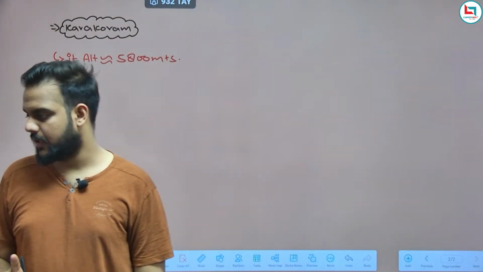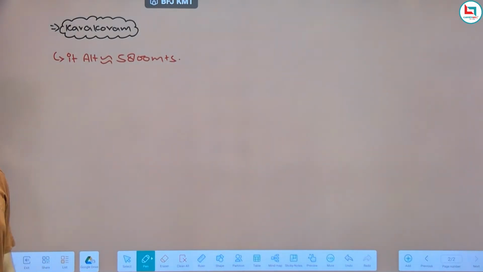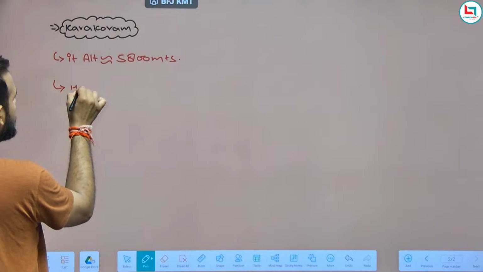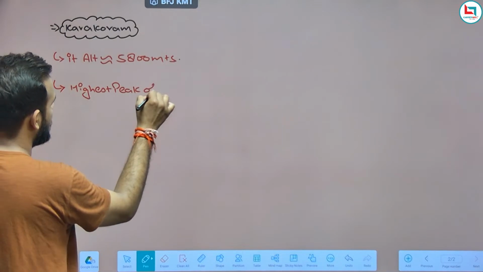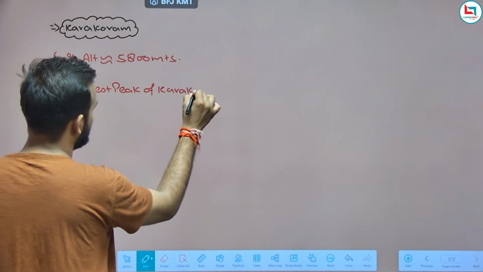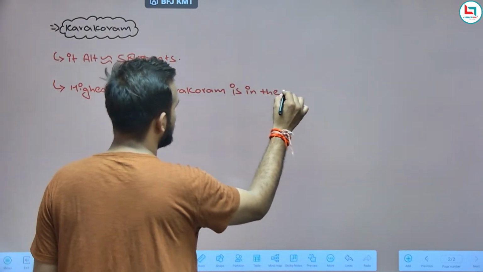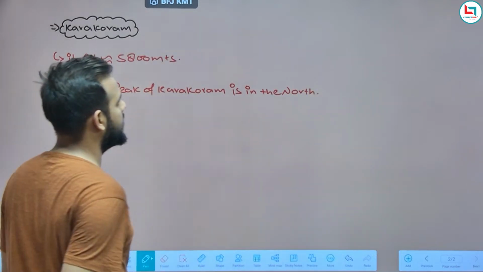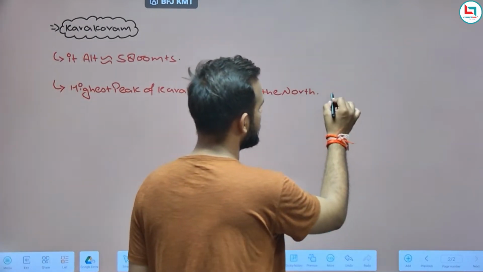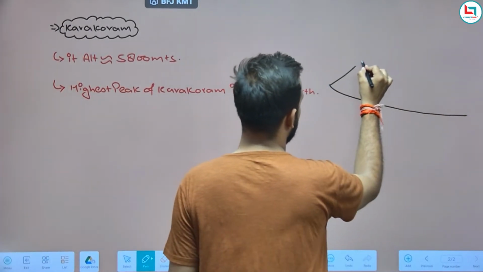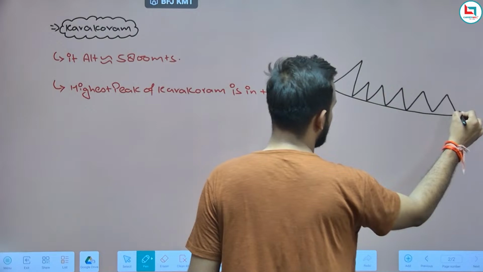After this particular thing, the highest peak of Karakoram is in the north. It is in the north, like this.